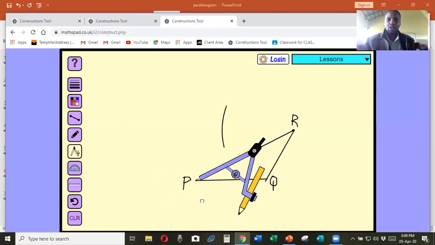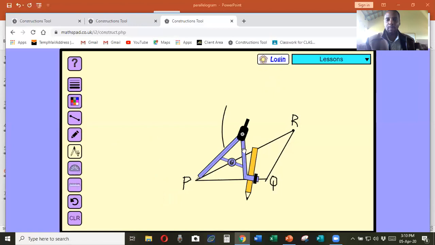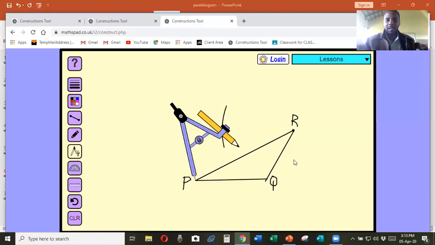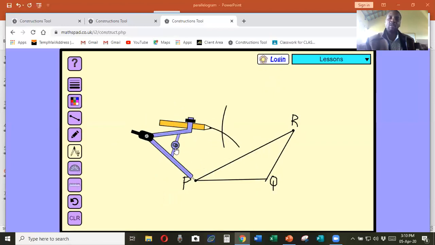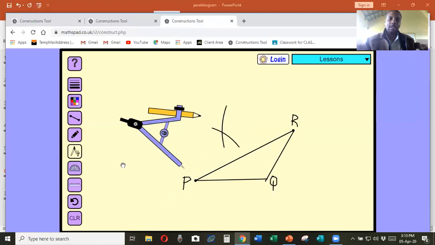Then I now want to make an arc that will intersect the first arc here. Remember, the radius I've taken is for QR, and QR will be the same as PS, which is opposite. Opposite lines are equal. So now I draw an arc which will intersect the other arc there. So now I have my point S.